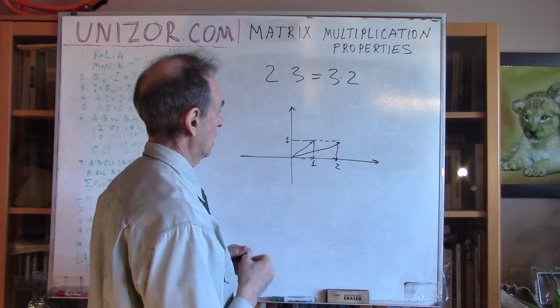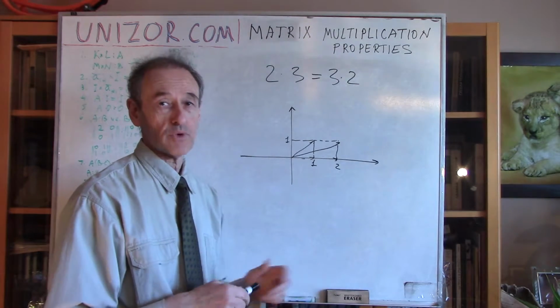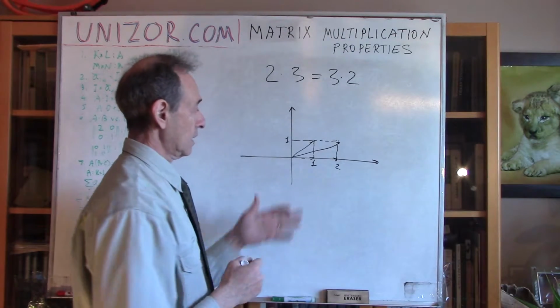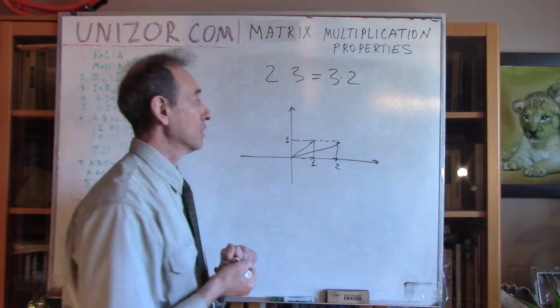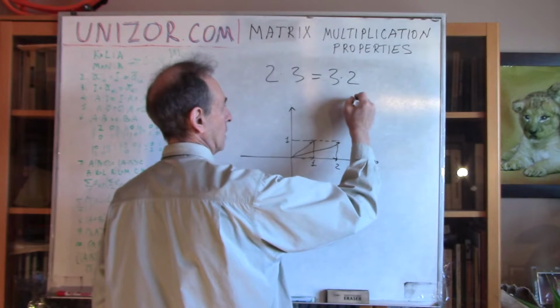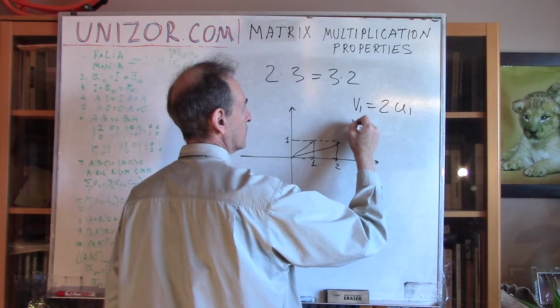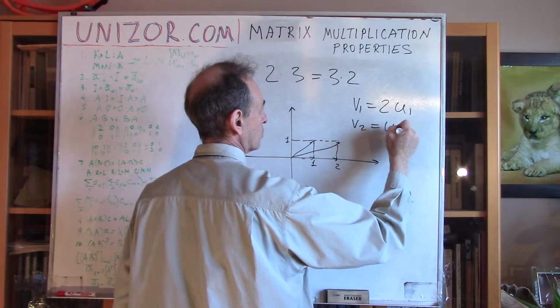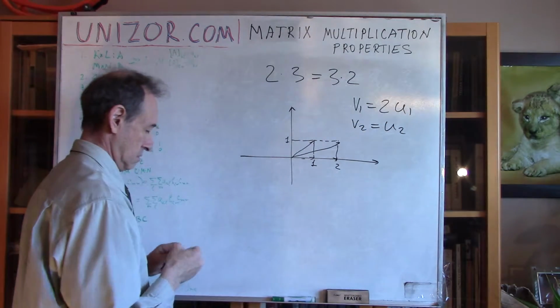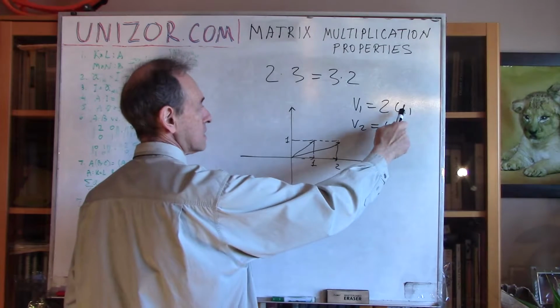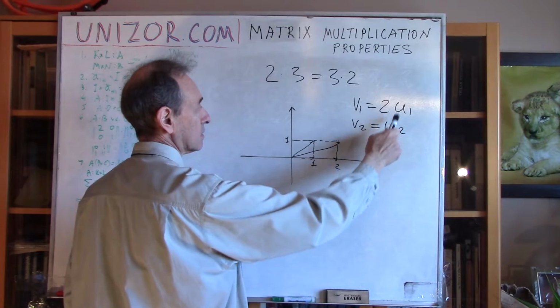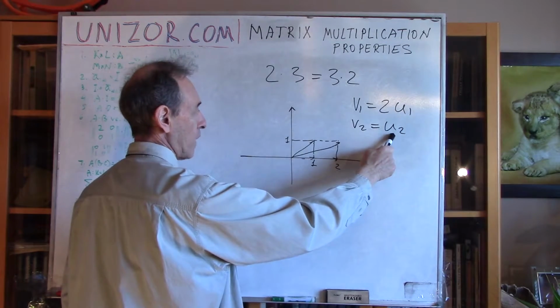Right? Is it linear transformation? Yes, of course it is linear transformation. Can it be expressed in the formula? Of course it can. v1 is equal to 2u1, and v2 is equal to u2. So this is abscissa, x coordinate, this is ordinate, y coordinate.